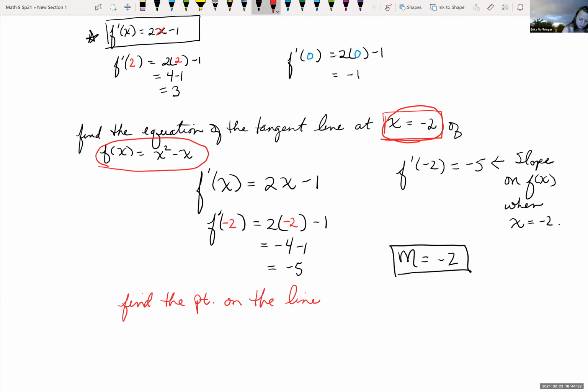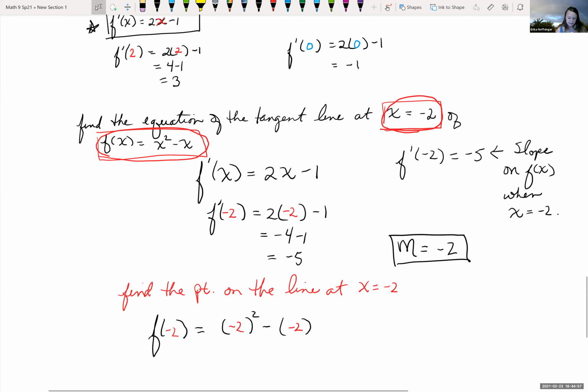So we're going to look at the original function, f of negative 2. And so going into our original function, we have an x quantity squared, so parentheses squared, minus an x, so minus a parentheses, putting a negative 2 inside the parentheses.